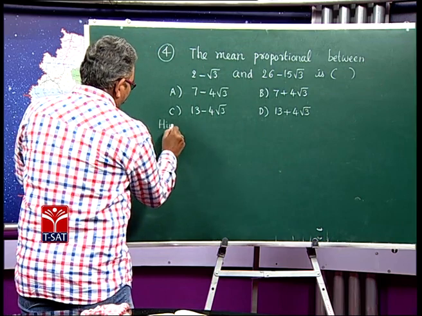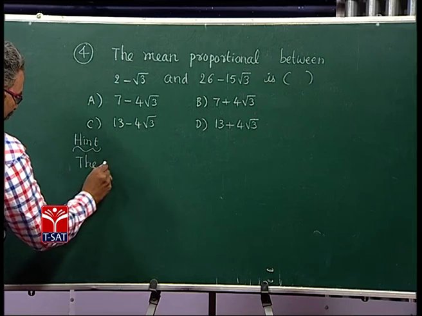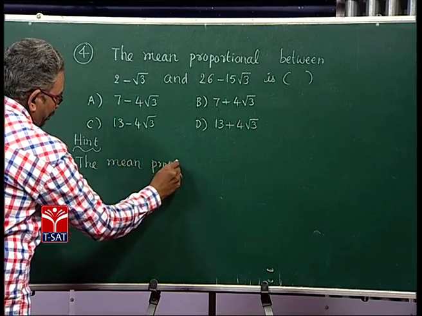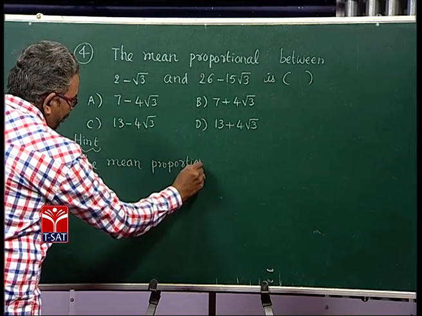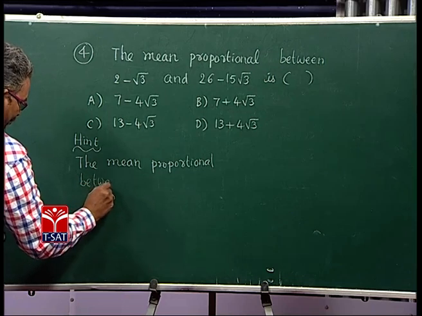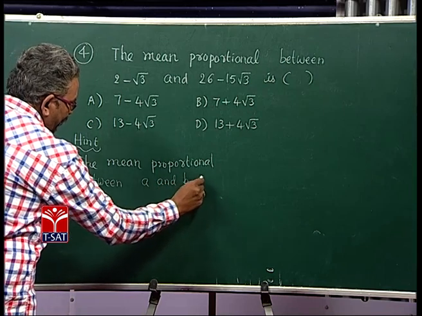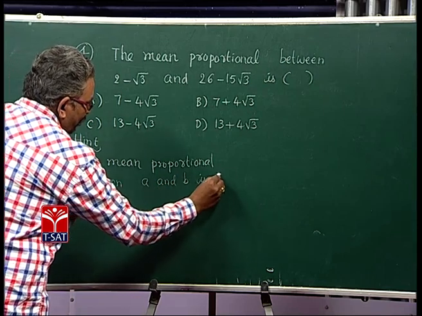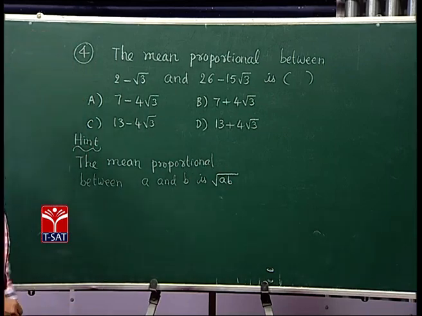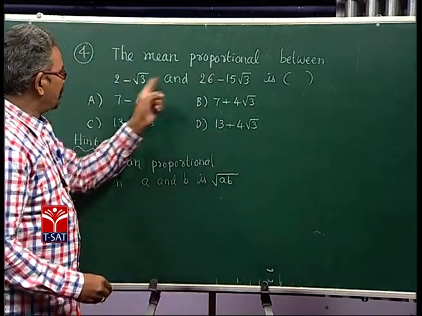First you remember the concept. The mean proportional between A and B is root of A into B. Here you have to take the product of these two and then the square root.